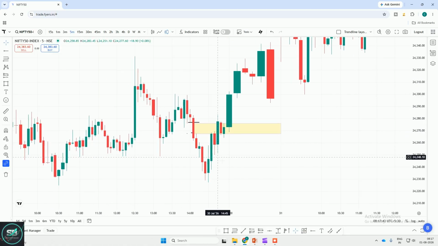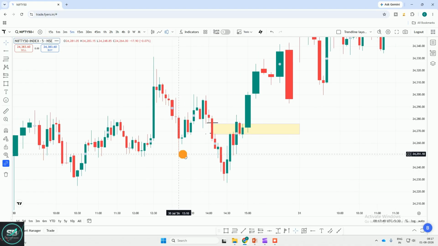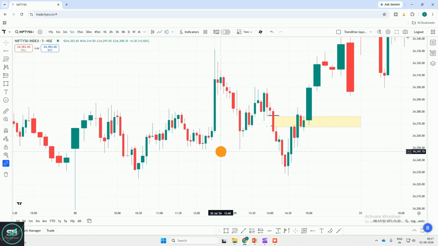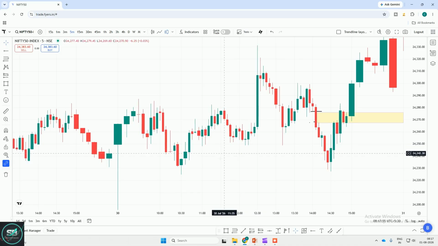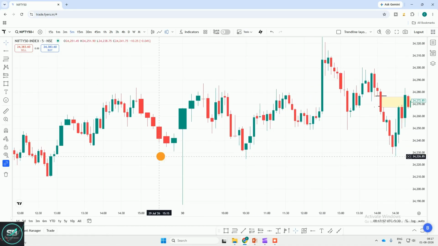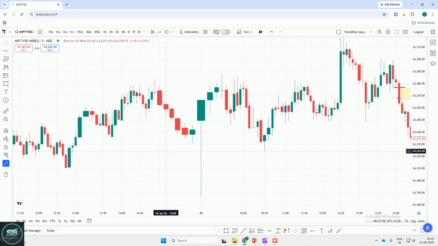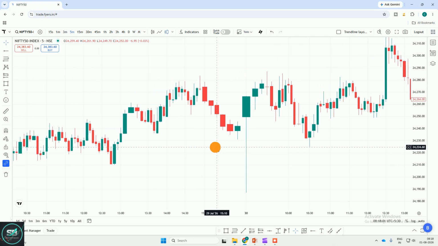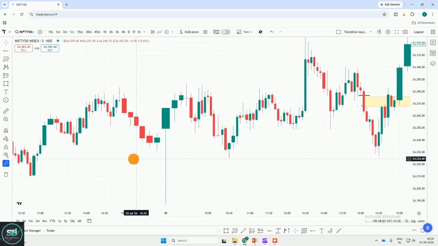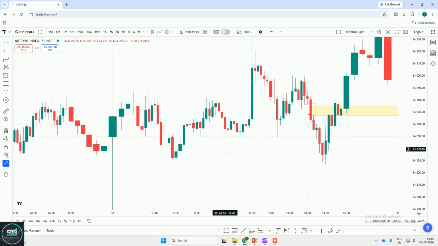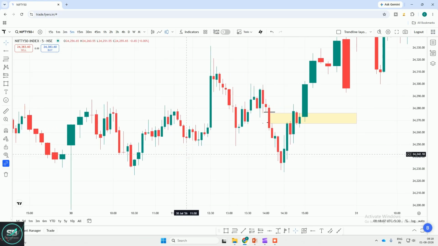So this is the bearish side concept we have seen. Let's see the bull side concept. Let me check for the bull side FVG.